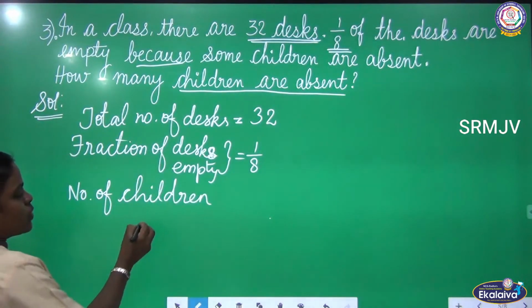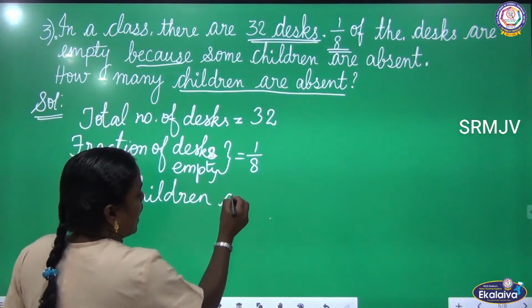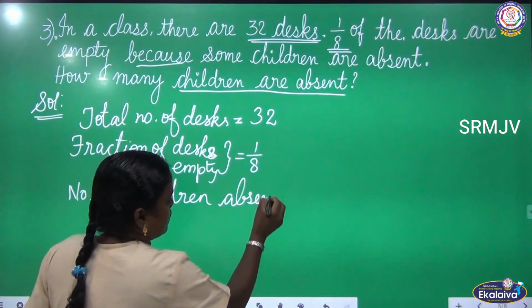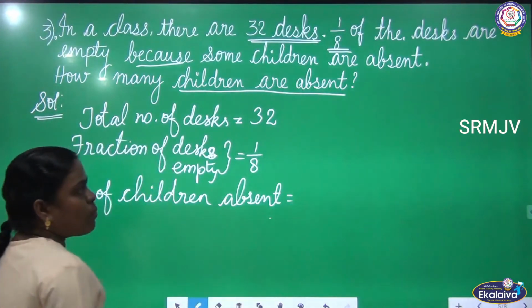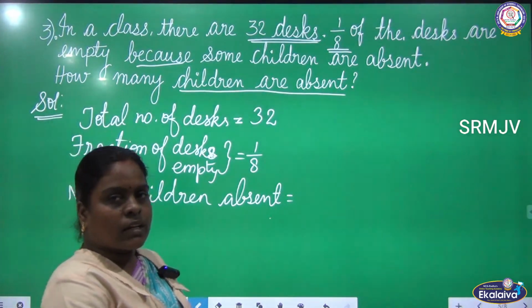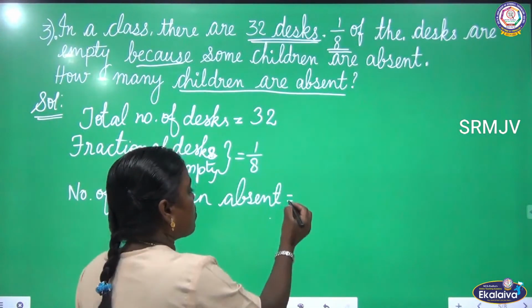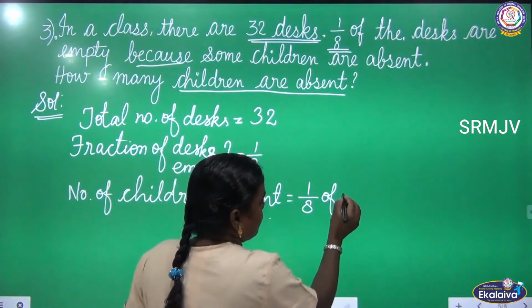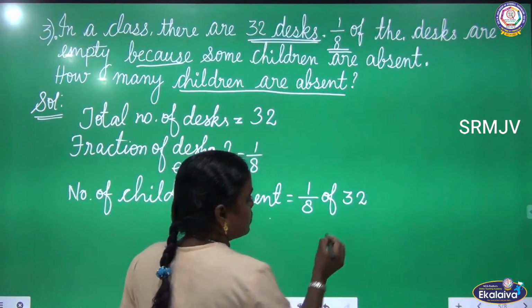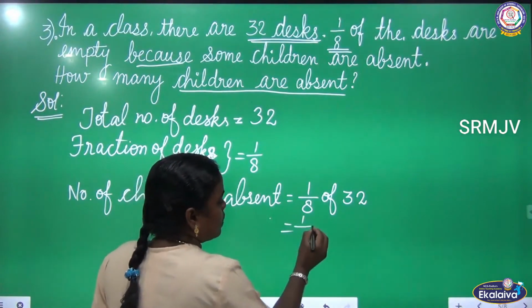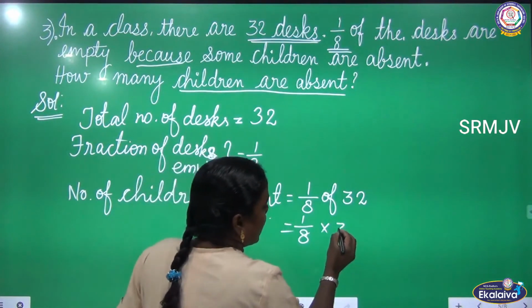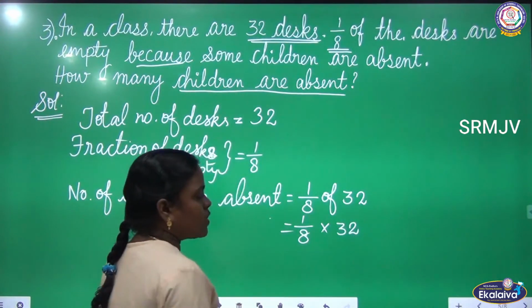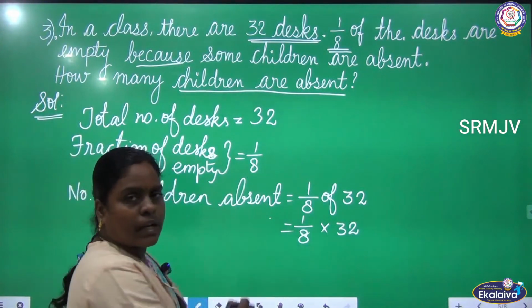Yes, I will tell you. Number of children absent. Just multiply the fraction and the whole number. 1 by 8 of 32. So multiply 1 by 8 by 32. So here we have the denominator 8.